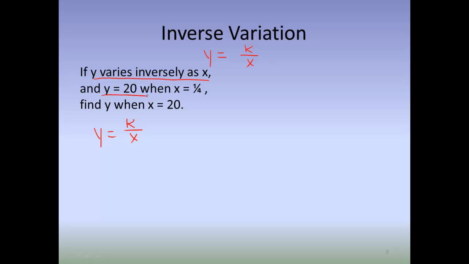The second line here, y equals 20 when x equals 1/4, you're going to use that to find that constant, to find that k. So if y equals 20, k divided by 1/4, you get rid of dividing by 1/4 by multiplying both sides by 1/4. And you get k to be 5.